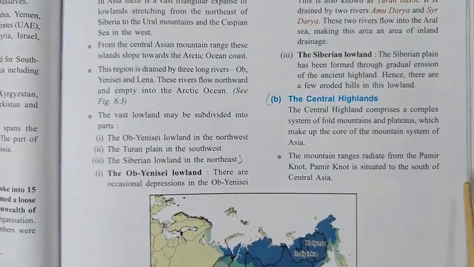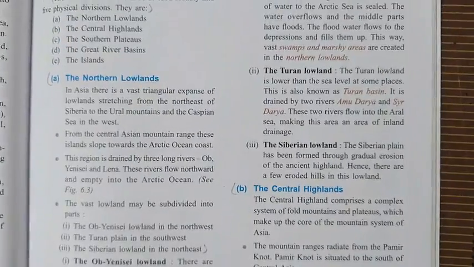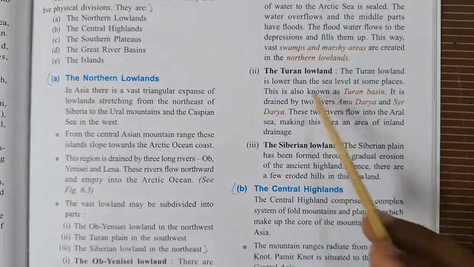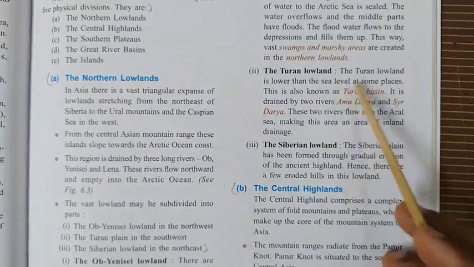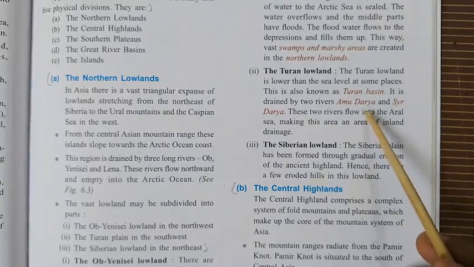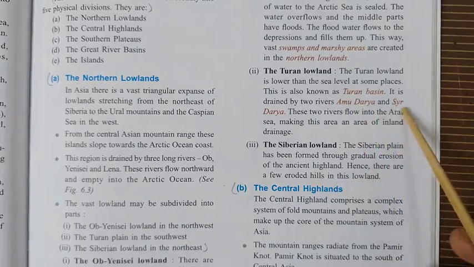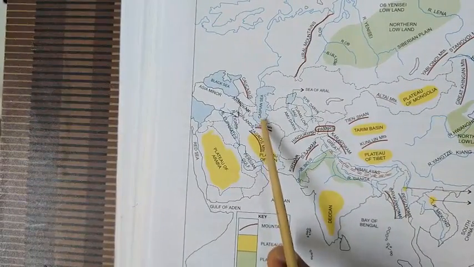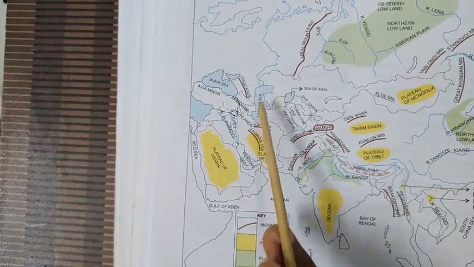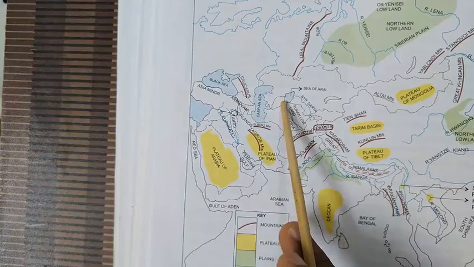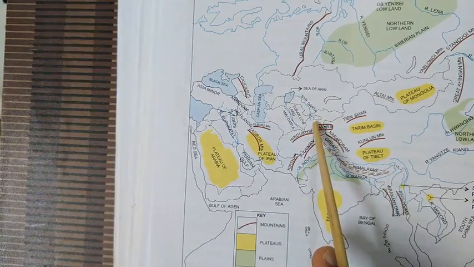Then second is the Turan lowland. Now this Turan lowland is known from the 2 rivers, Amu Darya and Syr Darya. Let me show you these 2 rivers. This is the Caspian Sea, and there is one more sea, the Sea of Aral, or Aral Sea we call it, and here you will find the 2 rivers.